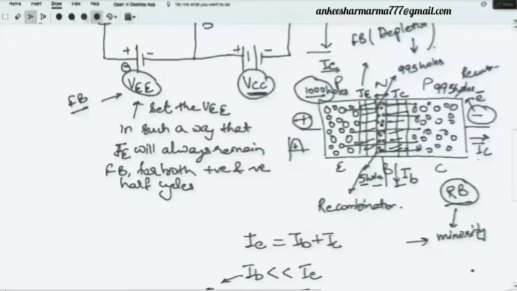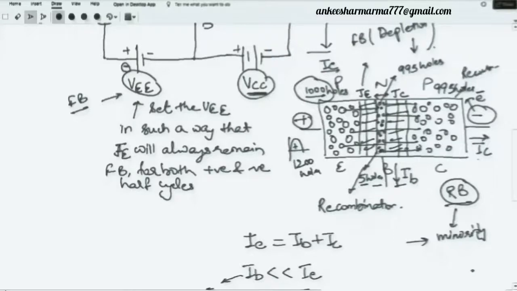Now I'm going to write with the black color. For example, in the earlier case only 1000 holes were moving. Now I will say that maybe 1200 holes will move towards the base region. Now obviously we have only 5 electrons over here, as the number of electrons is the same in this case because of no impact of this signal.